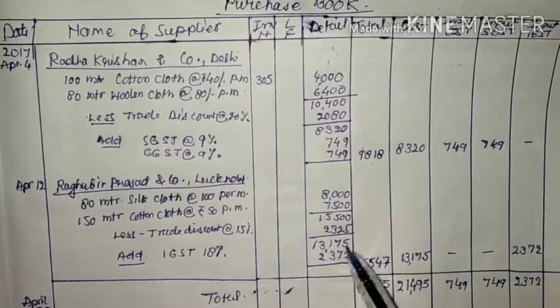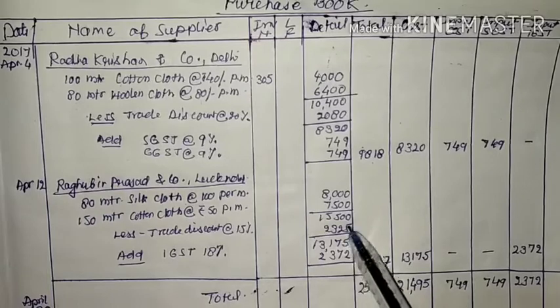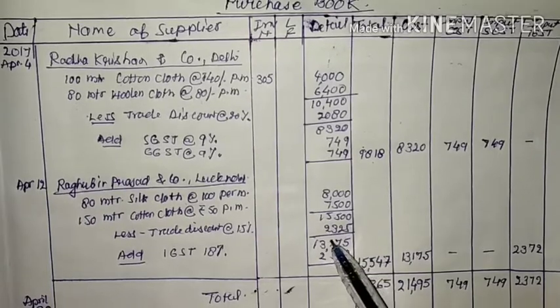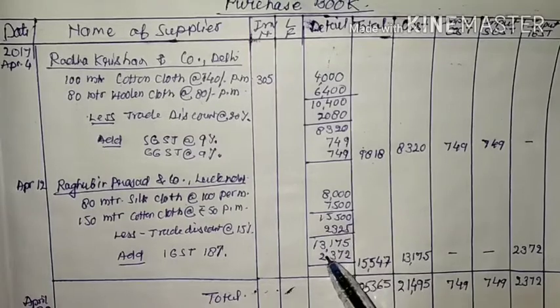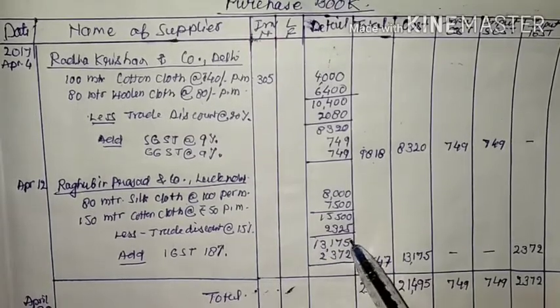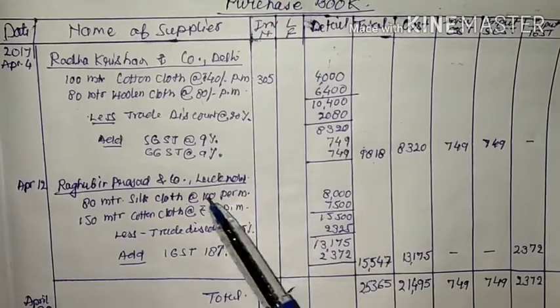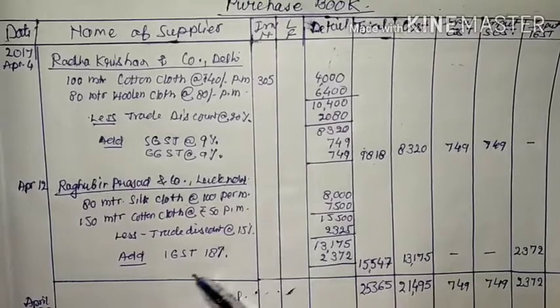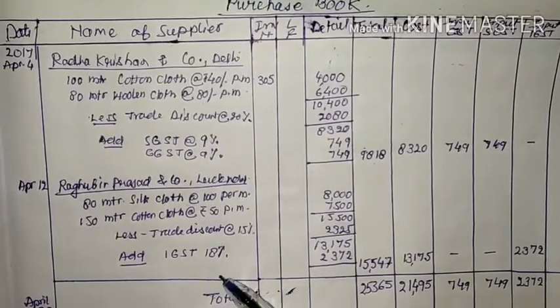Okay, then if we deduct this trade discount of 2,325 from 15,500, then it comes to 13,175. On this, GST will be charged because these goods have been purchased from outside the state. So on this IGST will be applied, which we had already studied.